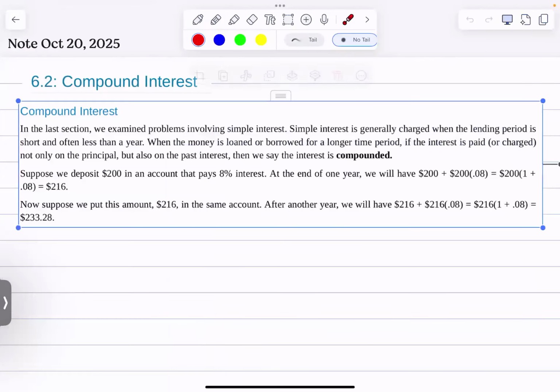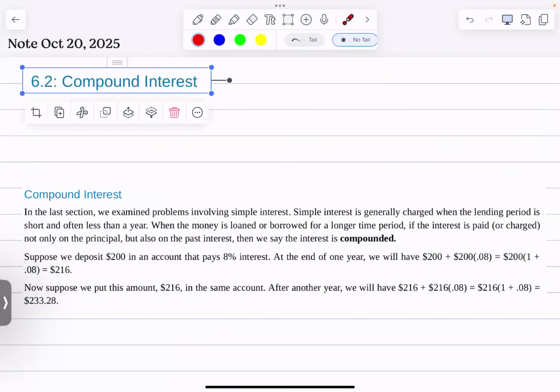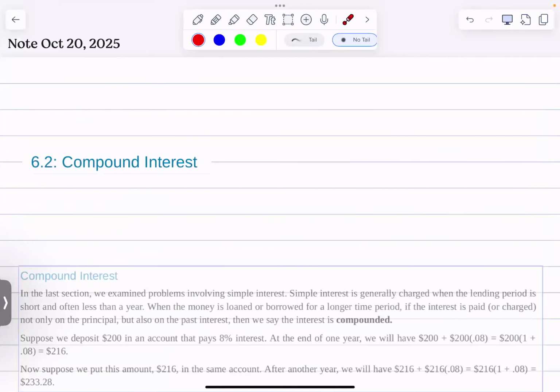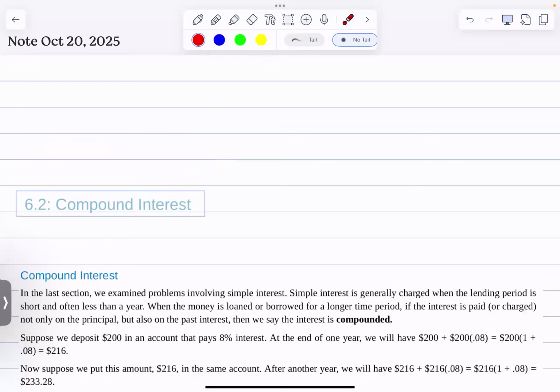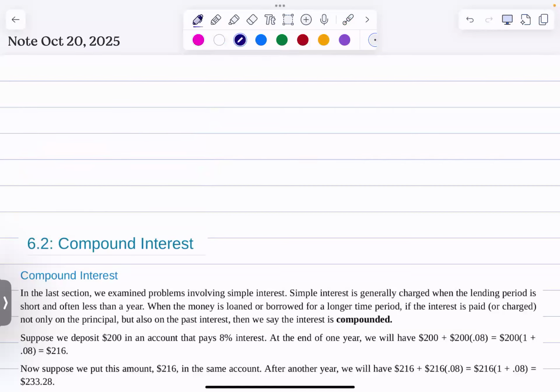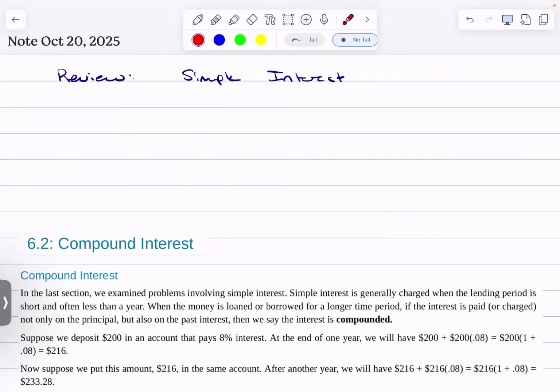So we can do a little bit of review. We introduced what we call simple interest. Notice the difference: we've got simple interest and compound interest. It depends on how the interest rate behaves, and that will determine which formula to use.